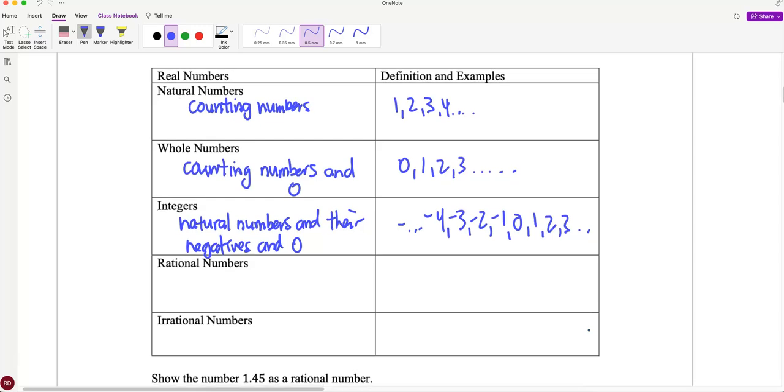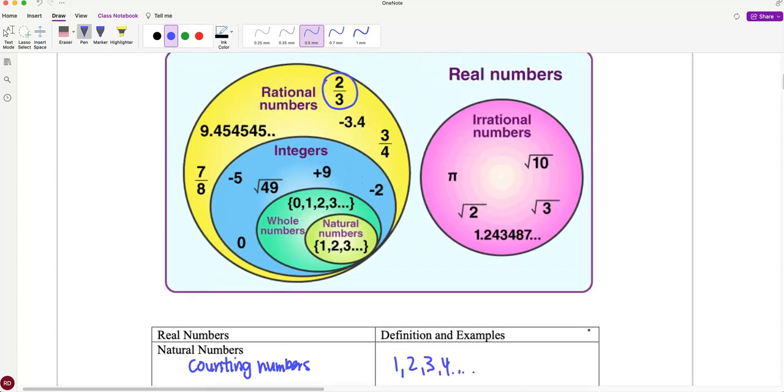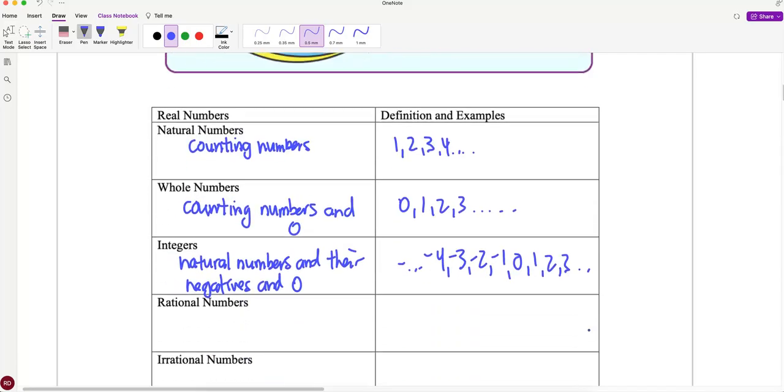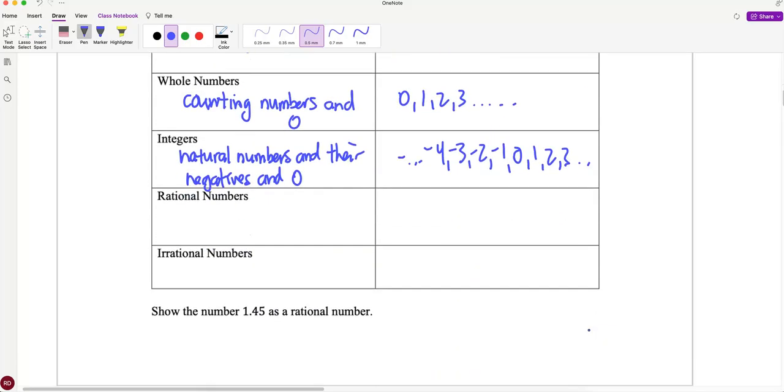Okay, and then if we go further up, so we've got natural numbers, whole numbers, integers, and then rational numbers are numbers that can be written a over b, where a and b are integers and b is not 0.